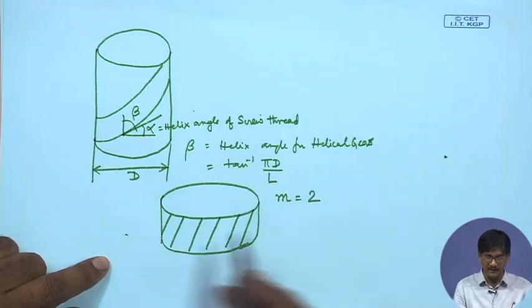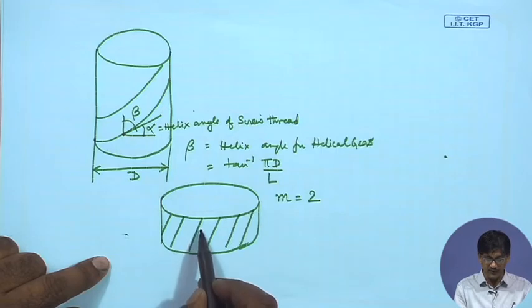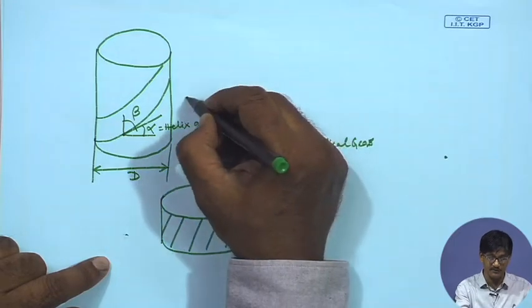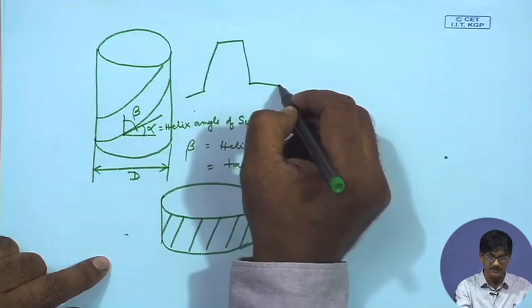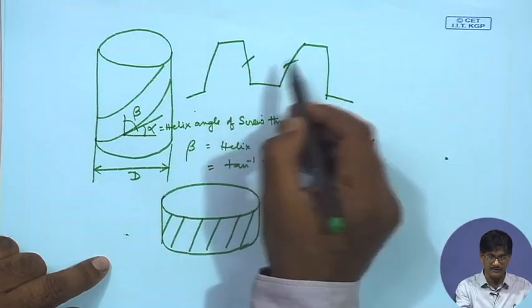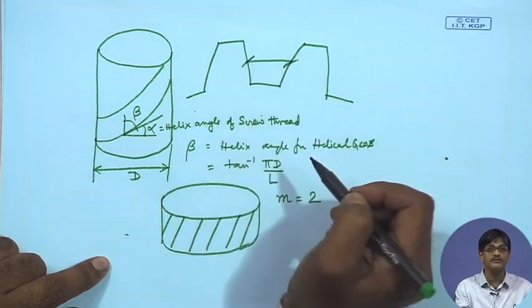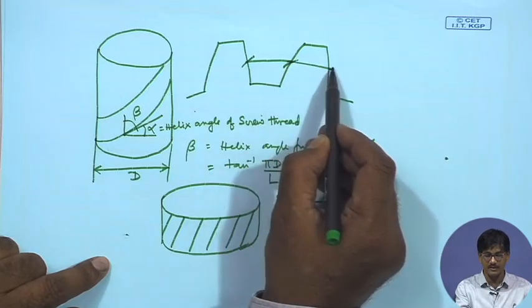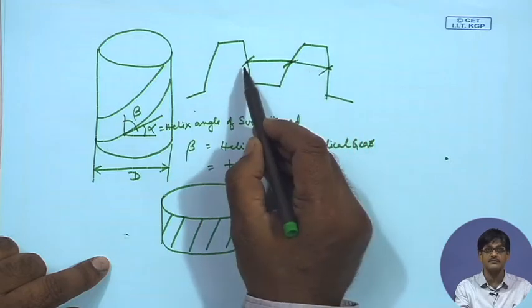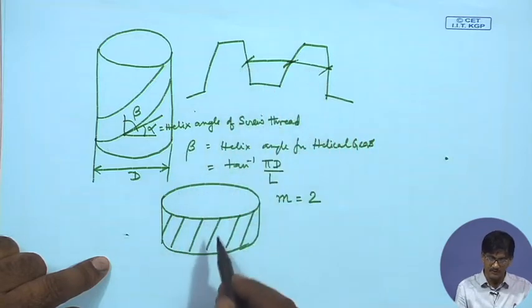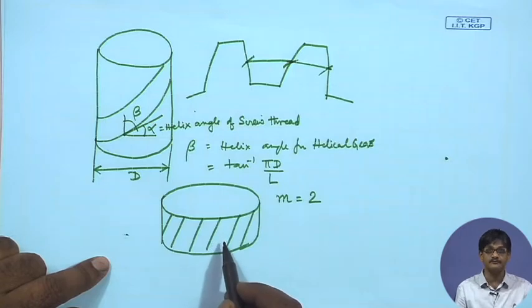If you remember, M defines the distance between teeth, as we have seen previously. This one distance is defined by M, and this whole distance is nothing but pi into M. So, here also we will have the same idea.